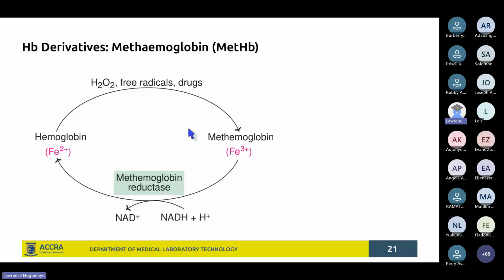But there is that quick conversion. The body has its own mechanism, with methemoglobin reductase, the enzyme that reduces the iron back to the ferrous ion.